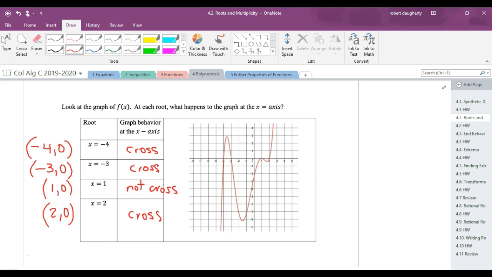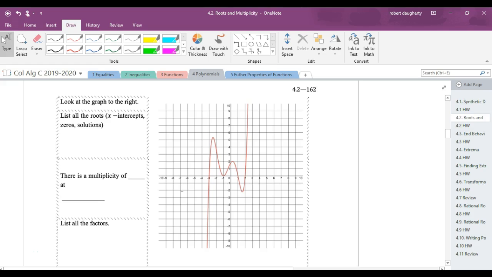This one has to occur 2 or some even number of times for me not to cross the axis. Now, you're not going to have to distinguish between it's raised to the 4th or the 6th or the 8th. For our purposes, if it's raised to the 1st power, it crosses the axis. If it's squared, it's not going to cross the axis. So if I'm not crossing the axis, that root has to occur multiple times, and the number of times it has to occur is twice, okay?